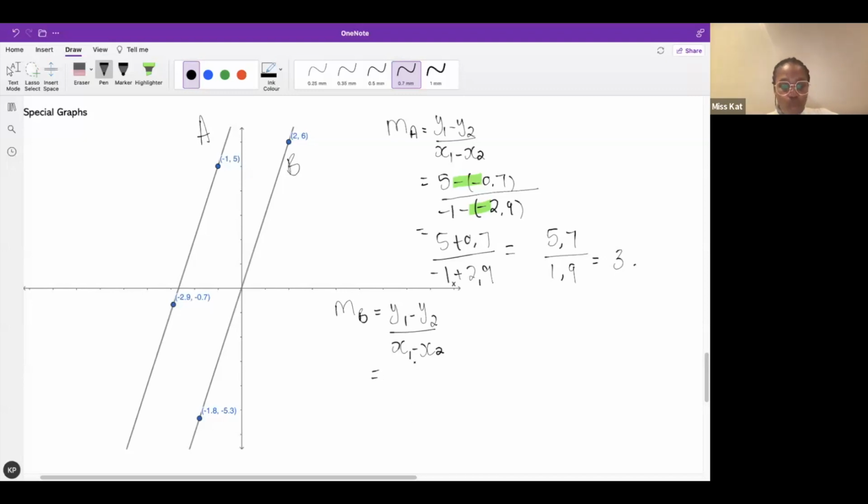So we're going to say 6 minus (5.3) over 2 minus (-1.8). Then the minus and minus make a positive: 2 plus 1.8.